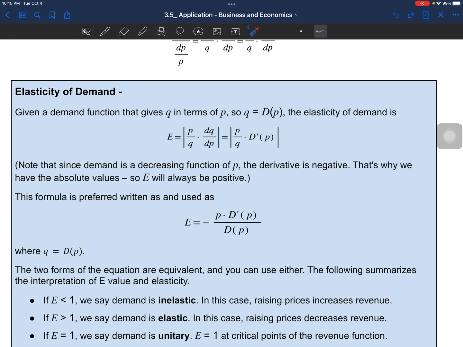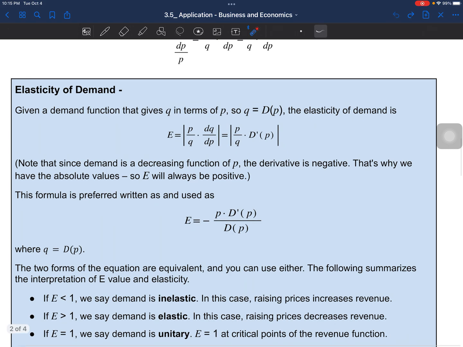So one more note: since the demand is a decreasing function, as the price is increasing, the demand is going to be decreasing. The derivative is always going to be negative. That is why we have the absolute value. So E is always going to be positive because it's just a number that we can use.